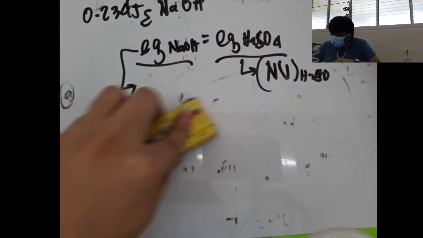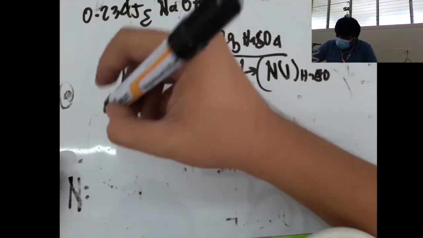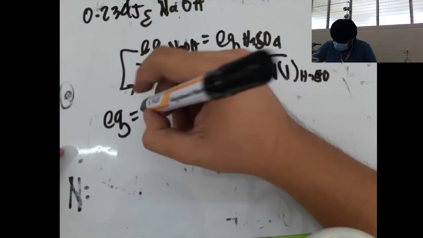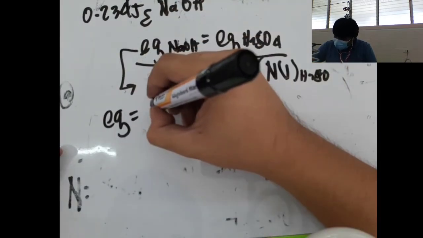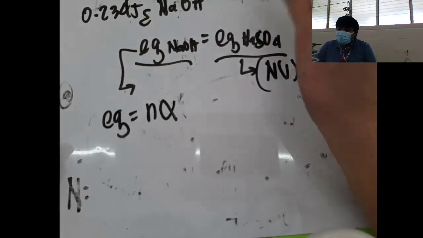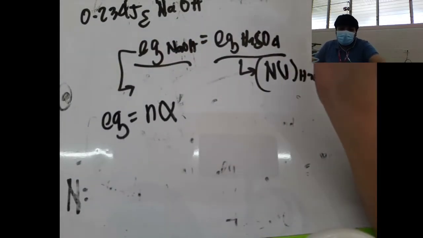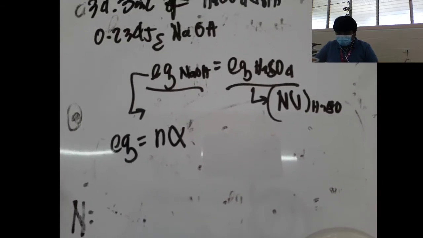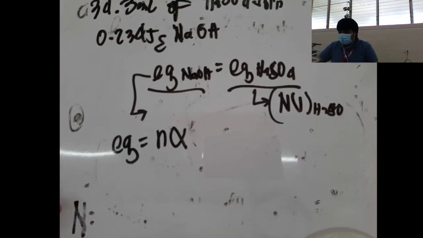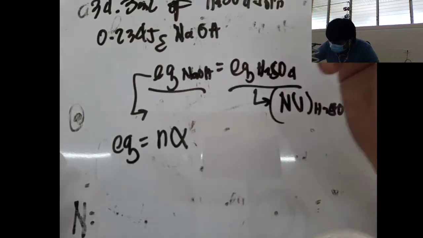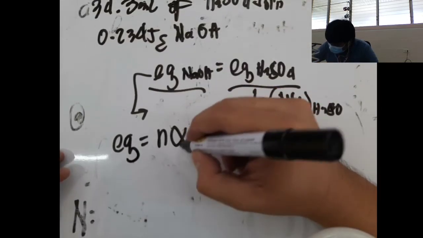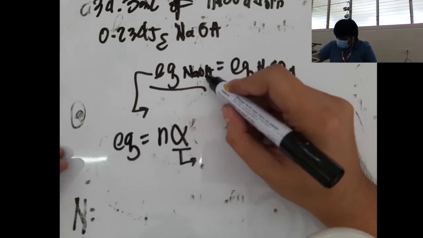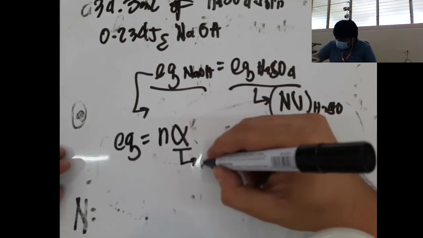Now remember, the expression of your equivalence is equal to the number of moles multiplied by alpha, which is our number of reacting species, right? For sodium hydroxide, since it only has one OH, their alpha is equal to 1.